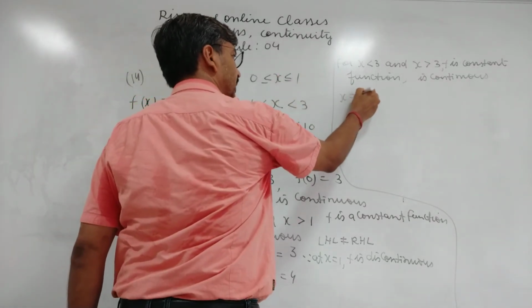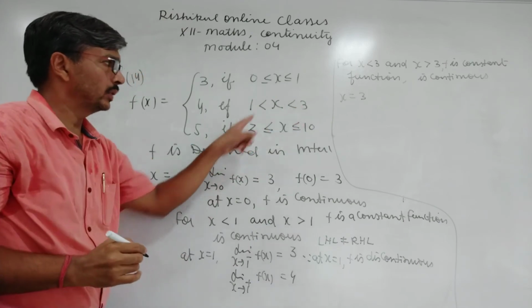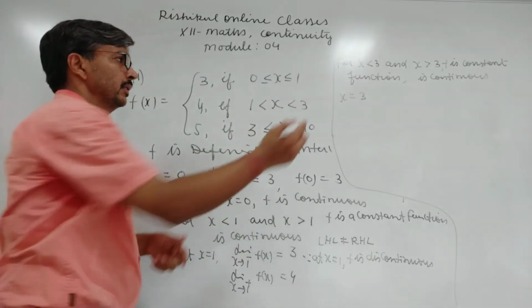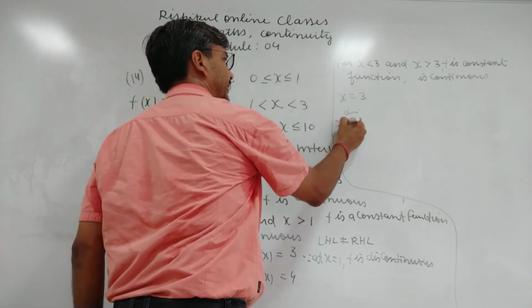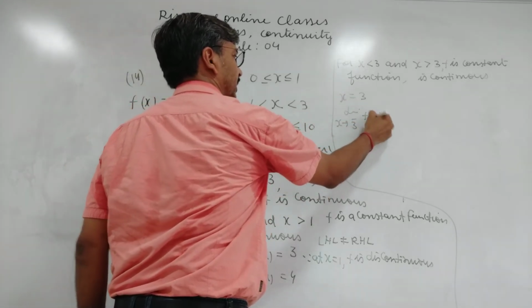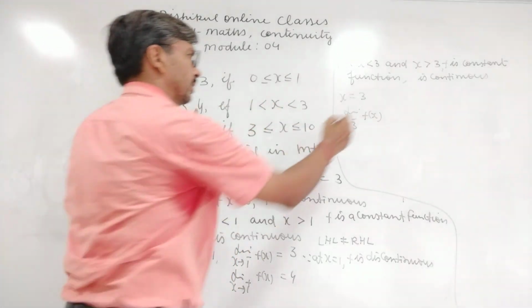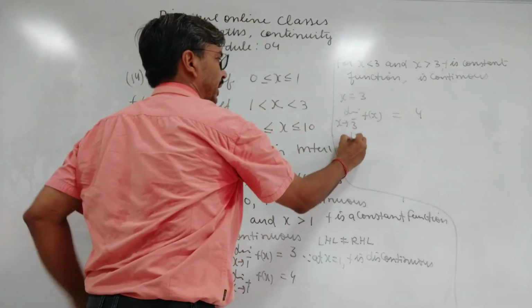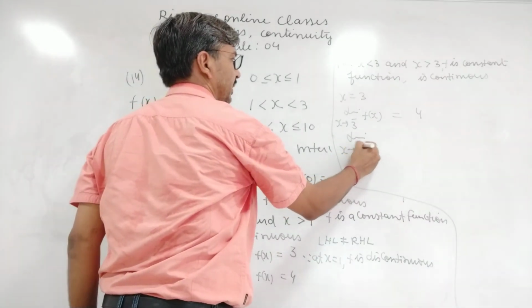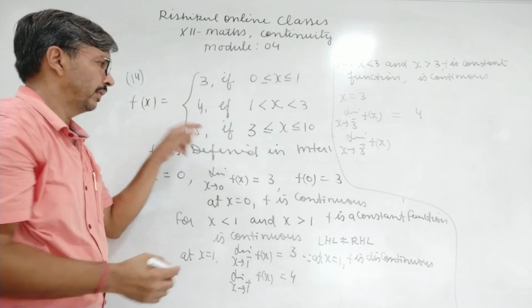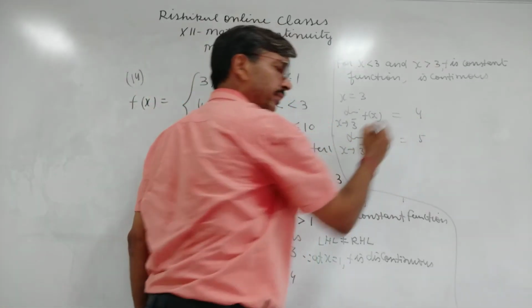Okay, and now we will see for x equal to 3. 3 is the breaking point here. So we will find out left limit and right limit. Limit x tends to 3, f(x), this is left limit. It means x less than 3, 4. And limit x tends to 3, f(x), this is right limit. It means x greater than 3, 5, equal to 5.